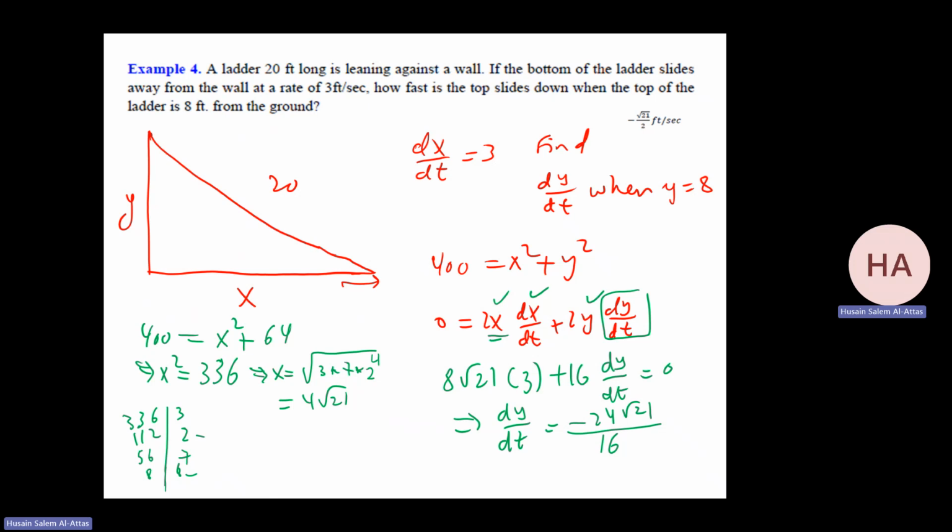Let me check. dx by dt equals 3. dy by dt when the top of the ladder is 8 feet. This is y. You have to find dy by dt. This is 20, 20 squared is 400. x squared plus 64, that will be 336.